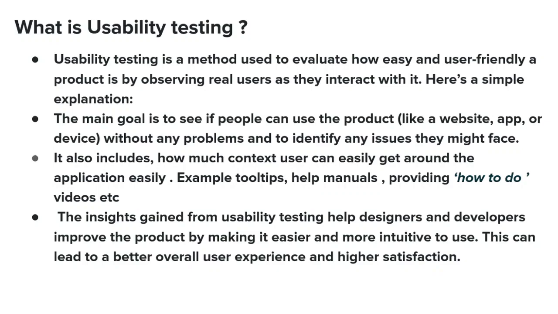Some websites also give you how-to videos, small snippets showing how to use a specific feature or perform the actions on the website around that new feature. All these are examples to improve the usability of the software.